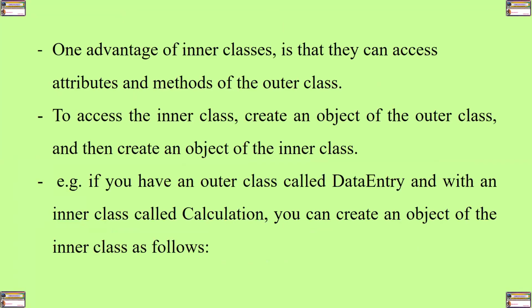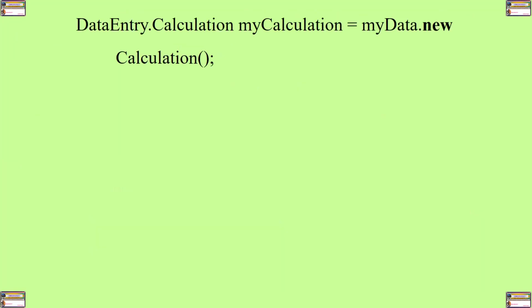For example, if you have an outer class called data entry, with an inner class called calculation, you can create an object of the inner class as follows: data entry dot calculation followed by the name of the object, which is my calculation.